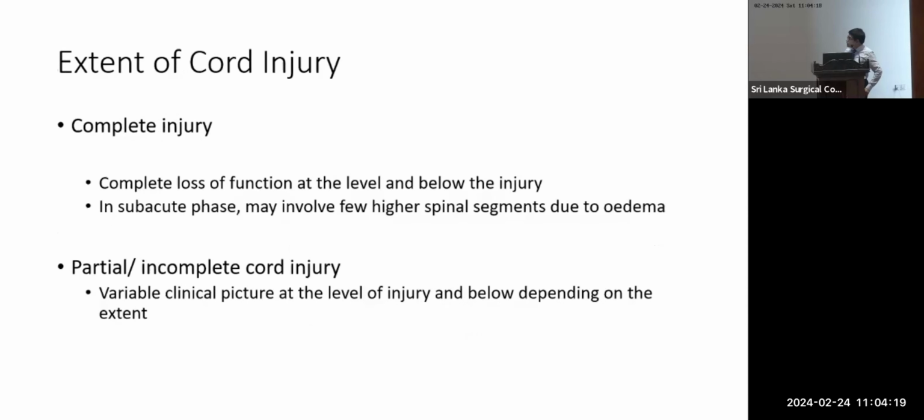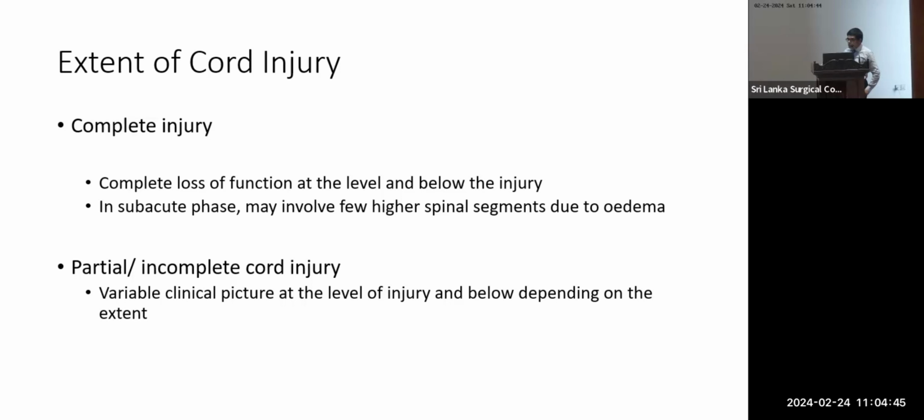And when we talk about the extent of the injury, it can be either complete or incomplete, or partial injury. Complete injury is complete loss of function at the level and below the spinal injury. But in a subacute phase where there is secondary cord injury and cord edema, the clinical level may be higher than the actual injury.